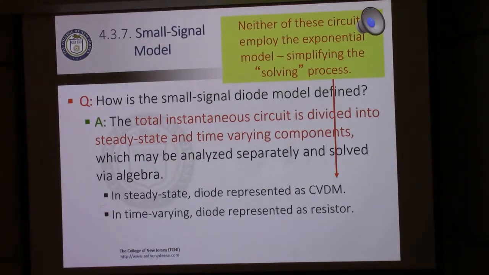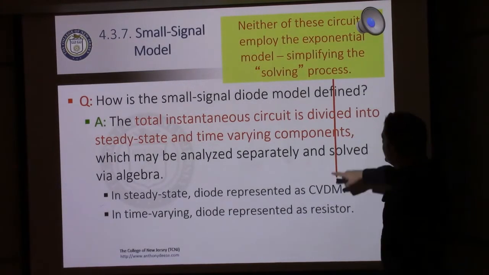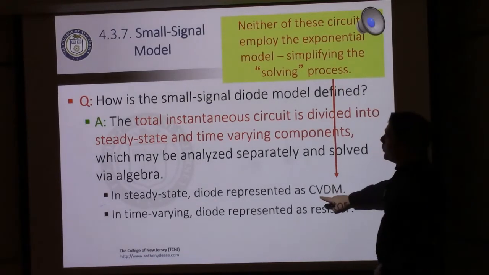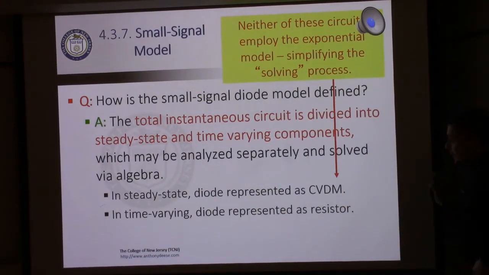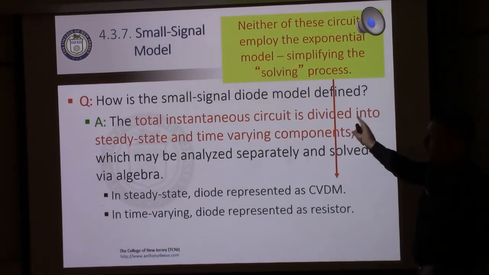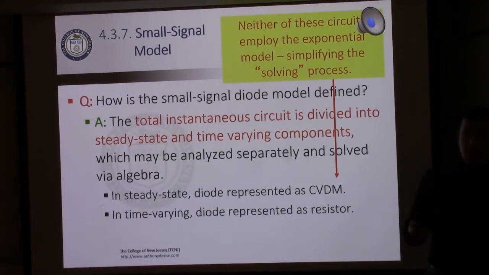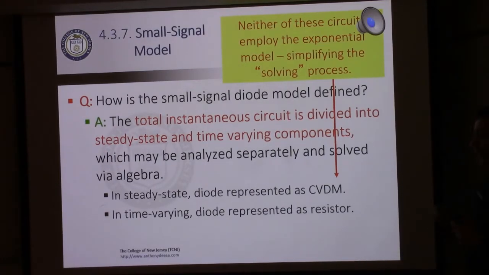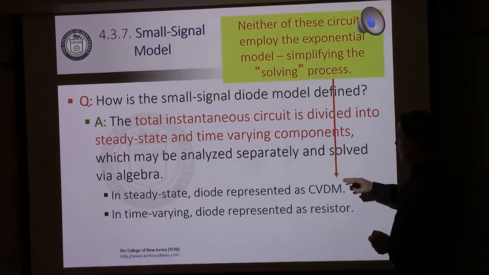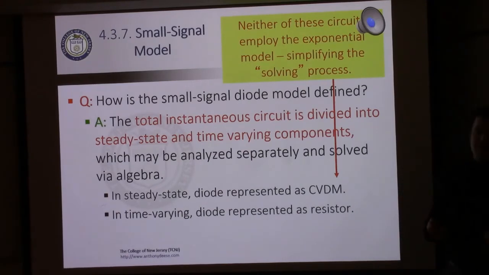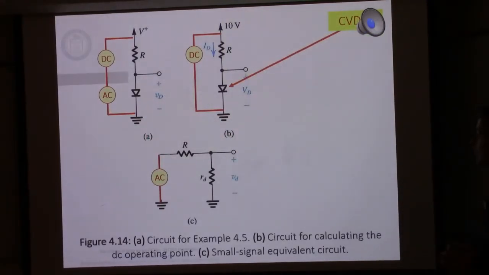Now, neither of these circuits employ the exponential model, which makes the solution process easier, because before we had one circuit where we needed to solve for an exponential model. Now we have two circuits, which may seem like it would require more time, but neither of these circuits use the exponential model, which is a huge plus.